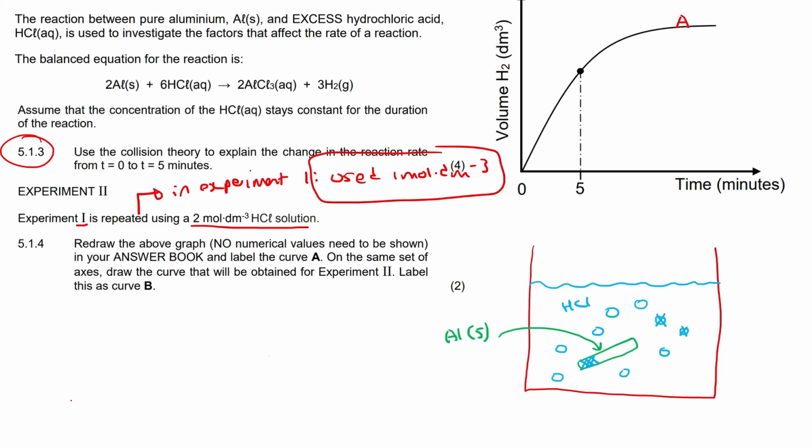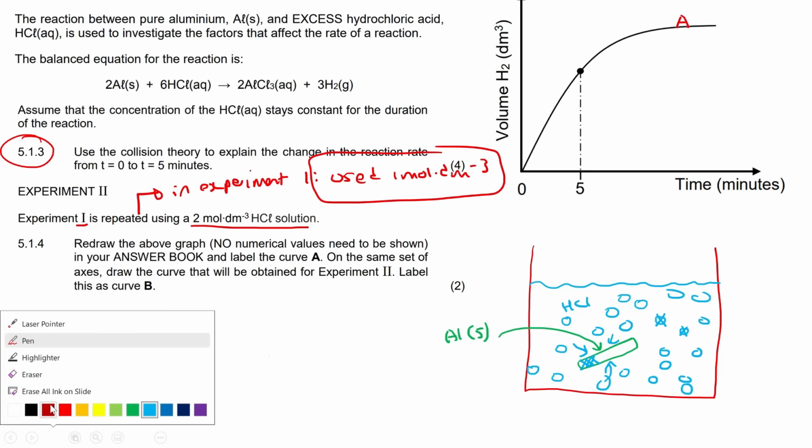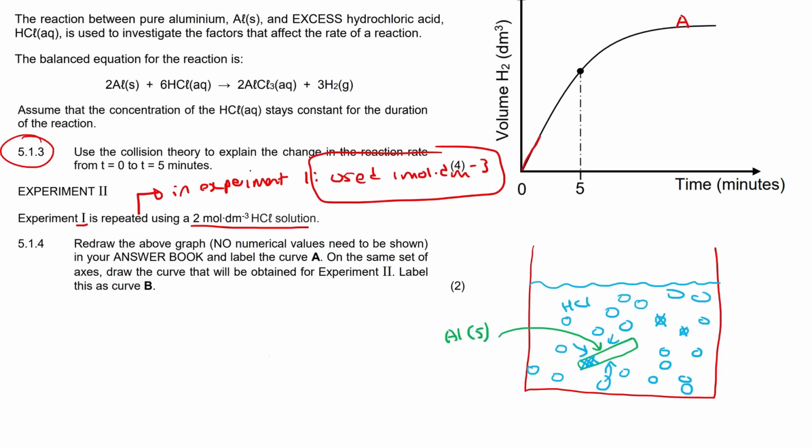Okay, so if you have a more concentrated HCl, that means you've got more of these particles. So there will therefore be more collisions taking place per unit time, so the reaction rate will go faster. So instead of your graph going like there, it'll actually go more like there. But the height that we are going to reach is going to be exactly the same.